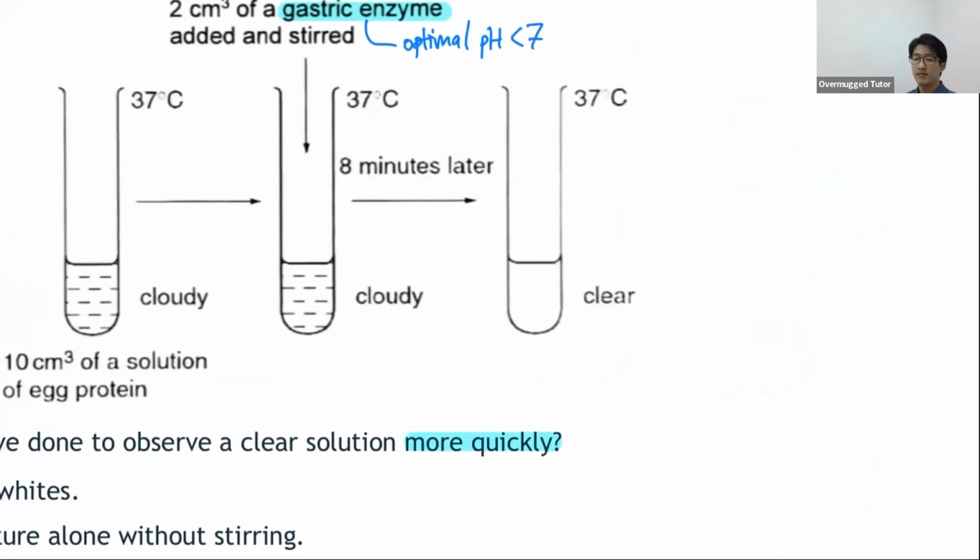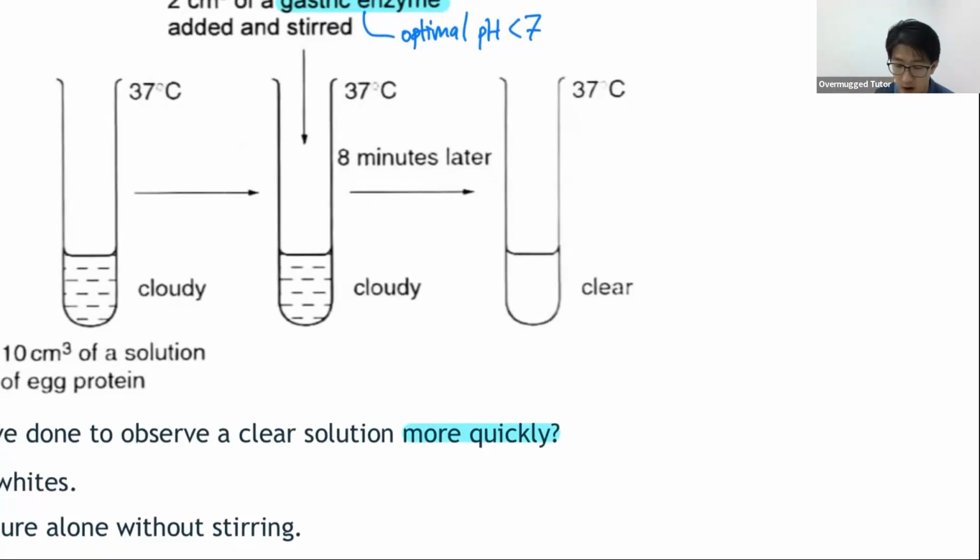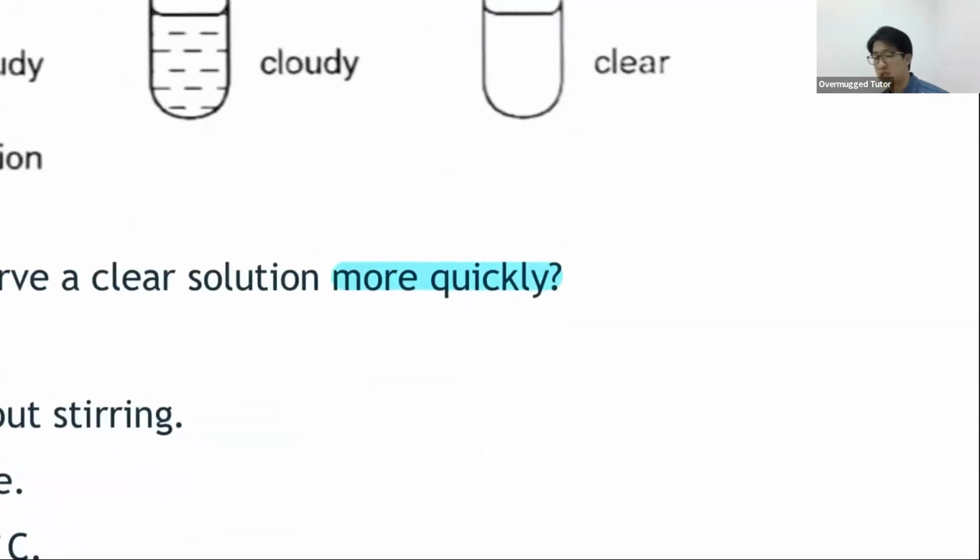What was the enzyme doing to the egg white? Breaking it down. If the cloudiness is due to the egg white, then the absence of the cloudiness is due to the absence of the egg white. So the only reason could be that the enzyme broke down the egg white. Therefore, for the more quickly thing to be achieved, I need to increase the rate of egg white breakdown by the gastric enzyme.